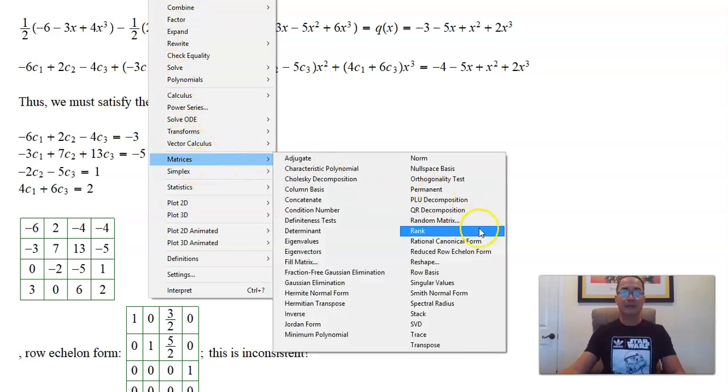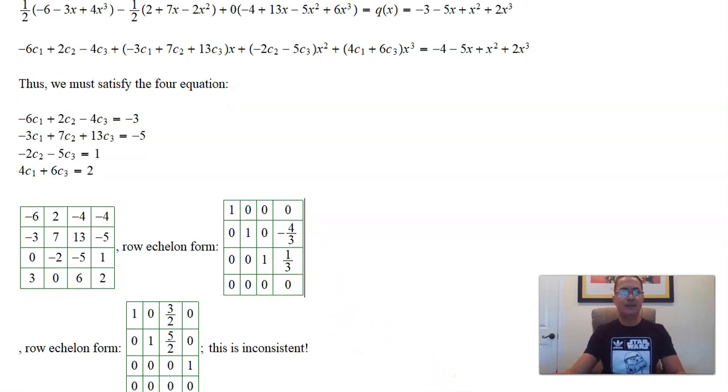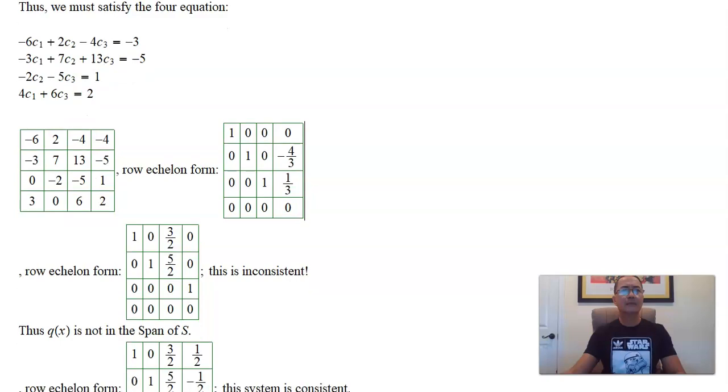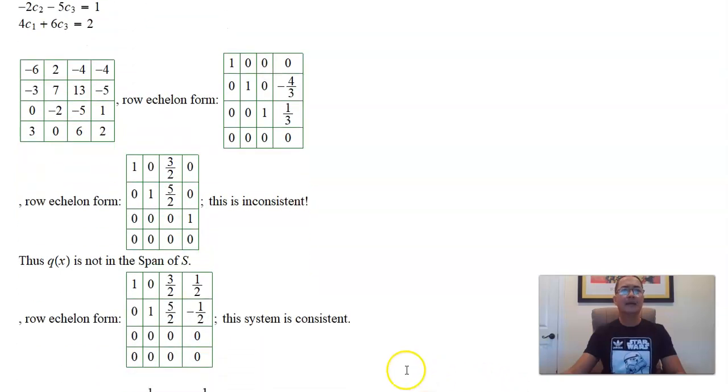Matrices. Ooh, it is still in the span. We don't see 0 equals 1. But hold on. What makes this different now? This was our original REF.